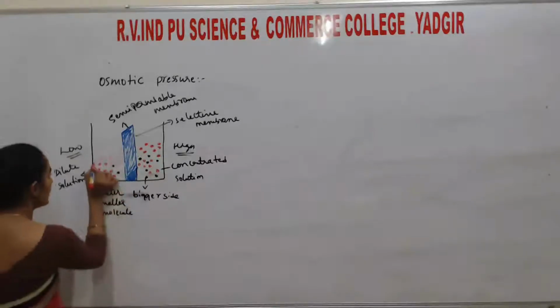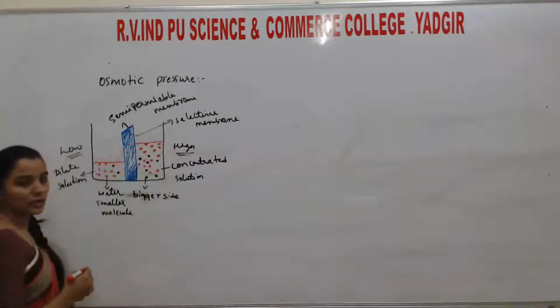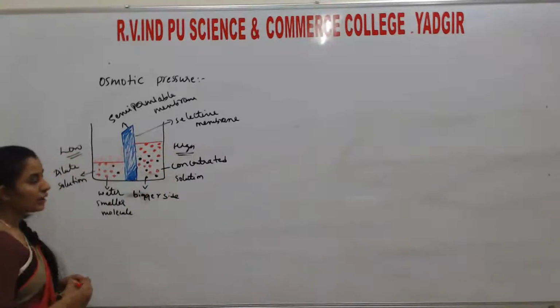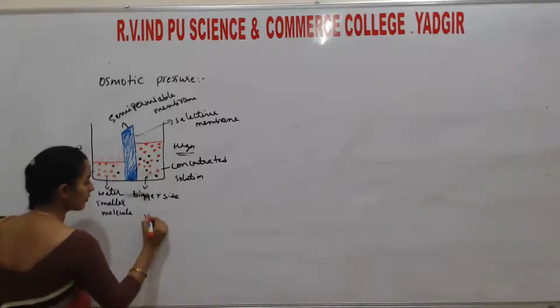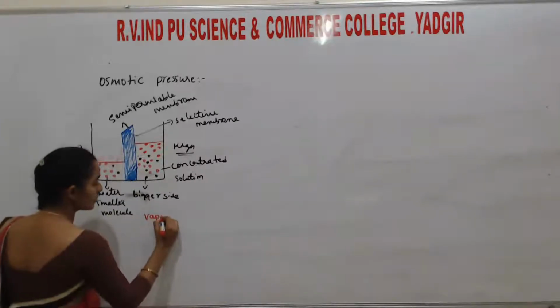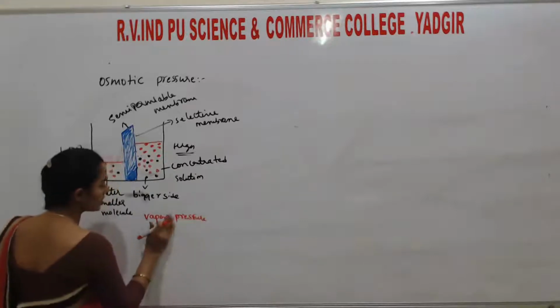So students, here the volume of the solution increases. If the volume of the solution increases, then what happens? Vapor pressure also increases. And you may assume vapor pressure or only pressure increases.